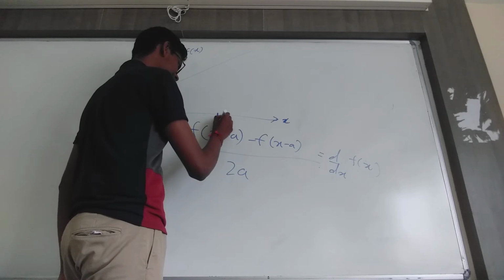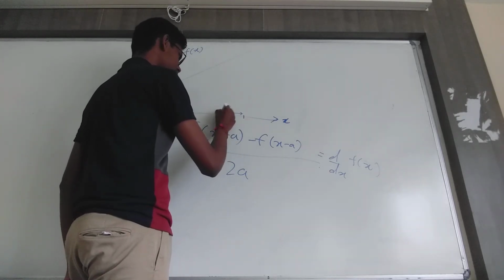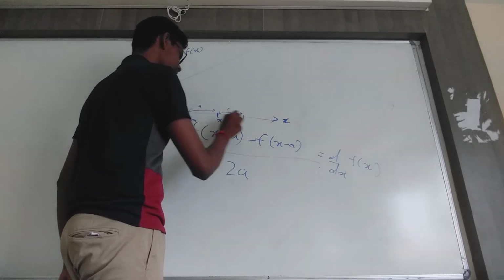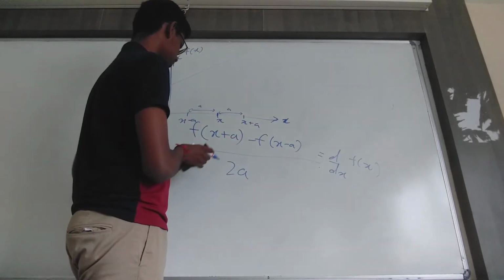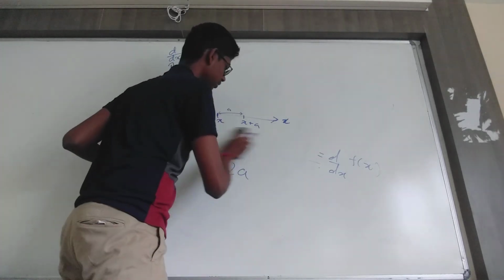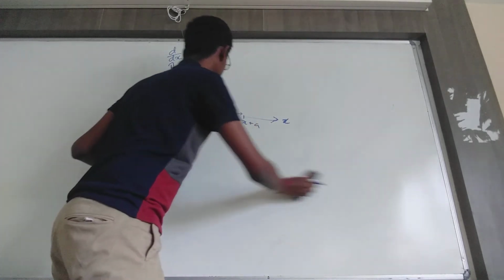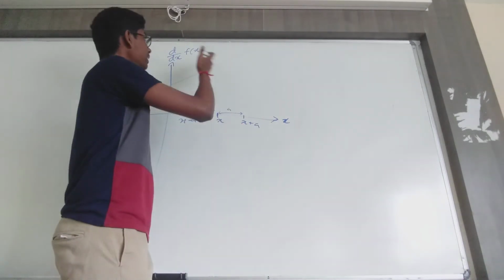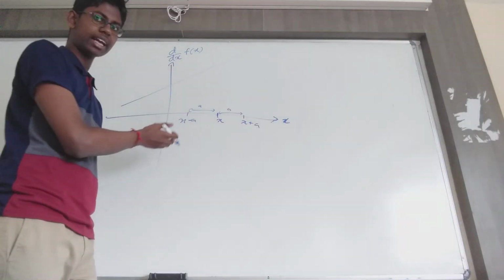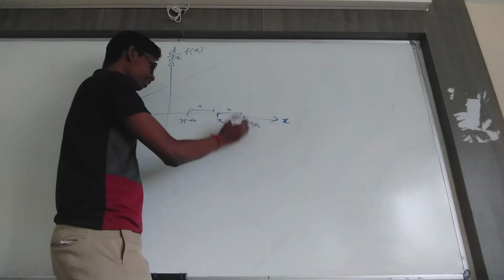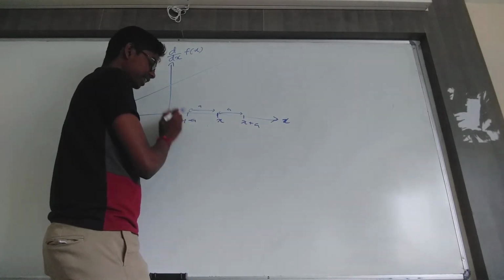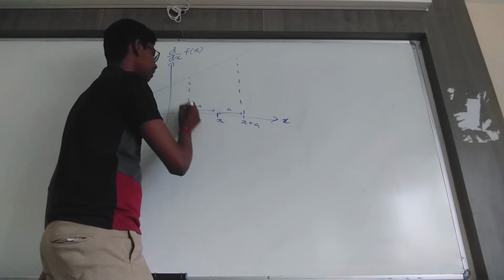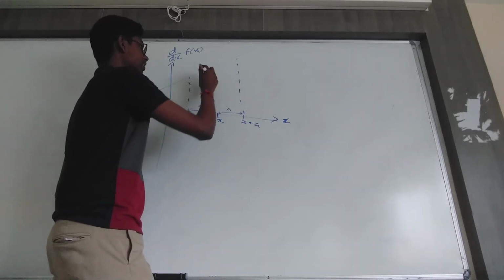Now we'll take this point x, and then we'll take this interval to be a, and this is x minus a, and this is x plus a. This is by the way the derivative of f of x, so this is not the graph of f of x. F of x plus a minus f of x minus a is, according to integral calculus, the area over here.